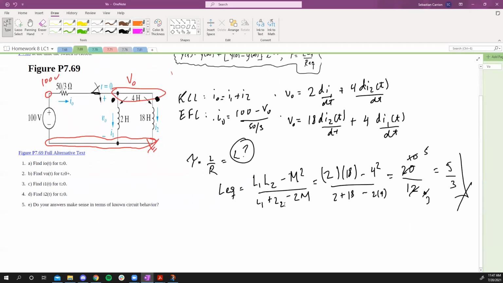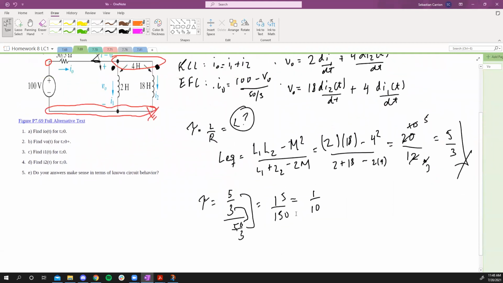Okay, and now we're able to find tau. Tau is going to be equal to 5 over 3 divided by 50 over 3, which is 15 over 150, which is 1 over 10, right?